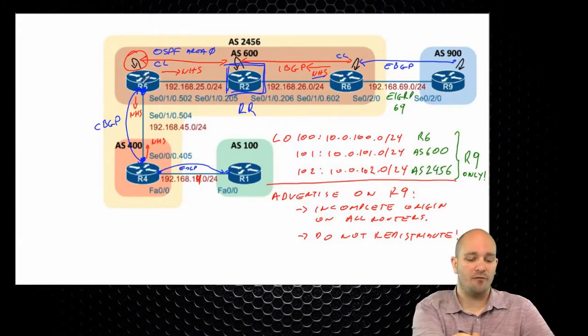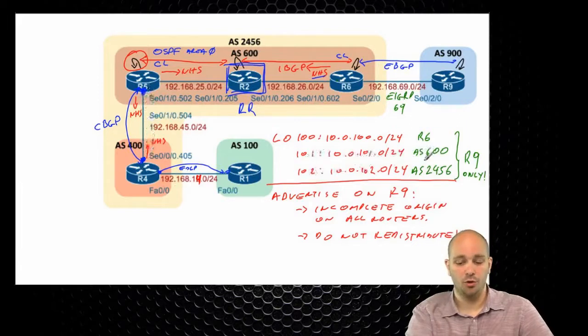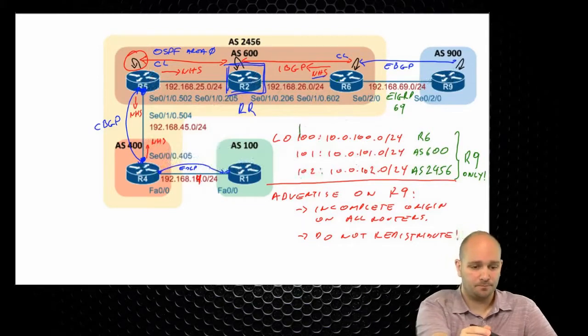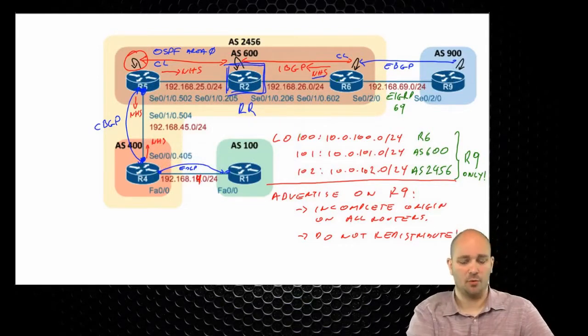Then, on R5's peering towards R4, I could apply the policy in place that allows 10.0.102/24 together with the loopbacks of R2 and R9. Then on R4 towards R1, I could apply the policy that allows the loopbacks of R2, R5, R4, and R9, but it does not allow any of the 10 networks to be applied.